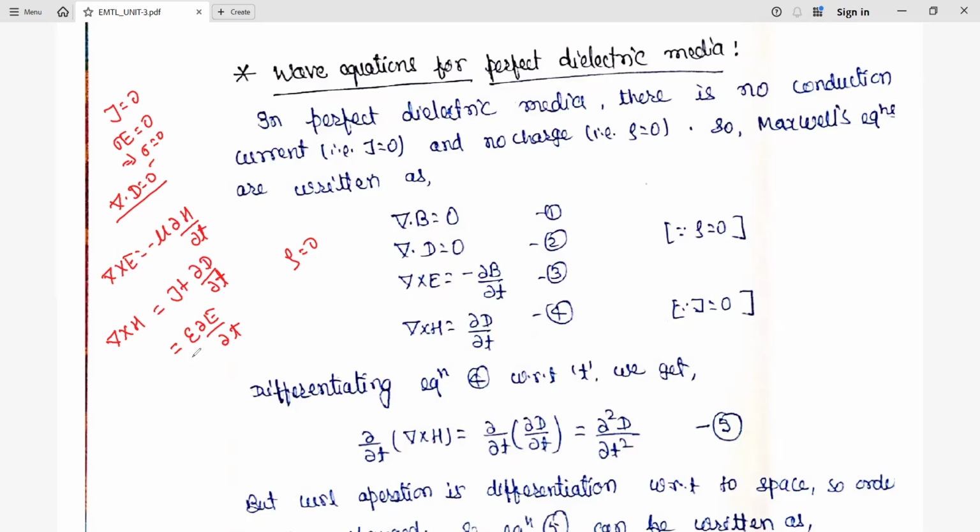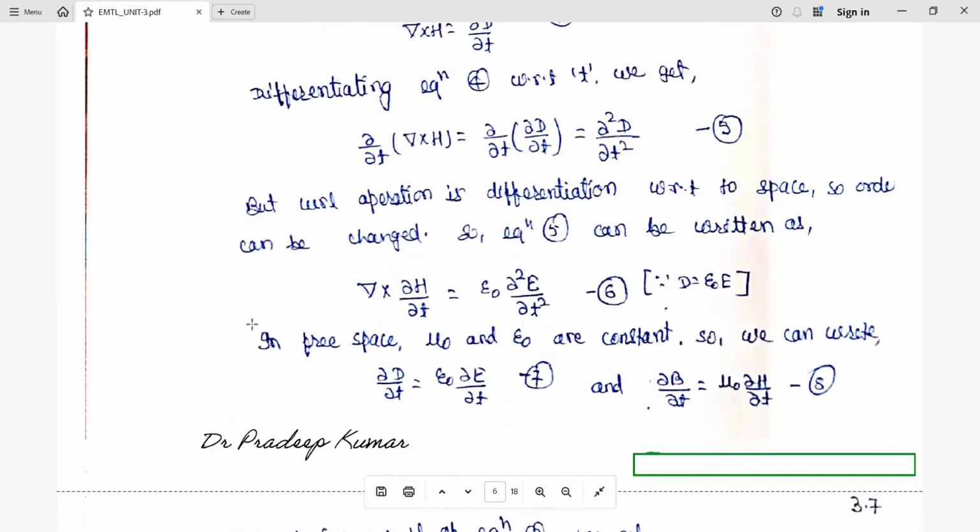Similarly, the same process will be repeated for the magnetic field, which we call the wave equation in terms of the magnetic field. So finally, these four equations are written for this perfect dielectric medium.